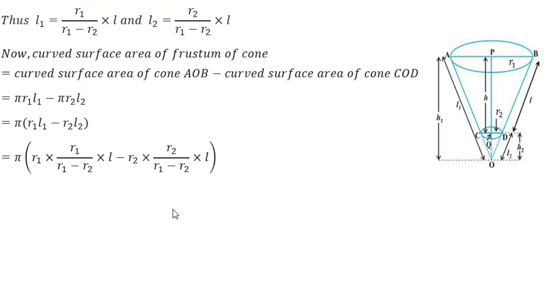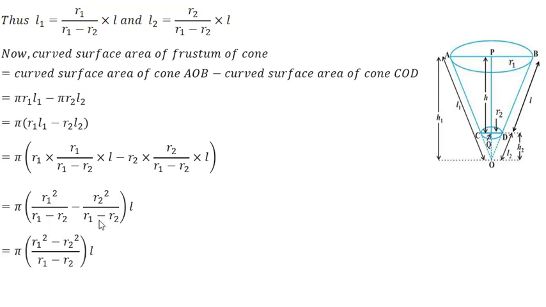So on simplification it gives me R1 square upon R1 minus R2 square upon R1 minus R2 into pi into L. Now this denominator is same, so I will write numerator as R1 square minus R2 square, and R1 square minus R2 square will give me R1 minus R2 into R1 plus R2 divided by R1 minus R2.